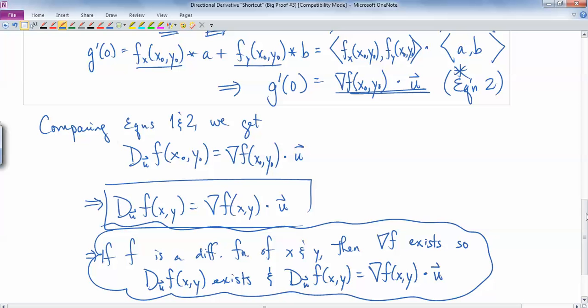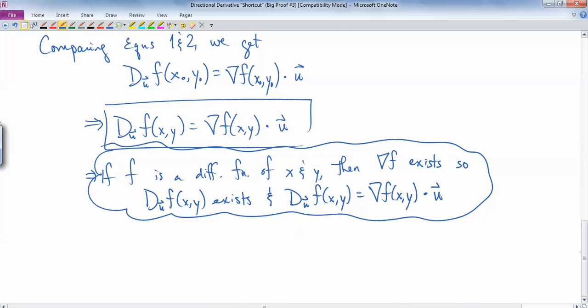Okay, now let me give you an example of why this is so much better than using the limit definition. So I'm going to make up a quick example. Let's say that f of x, y equals x squared y plus 3x. Just 3x is fine.